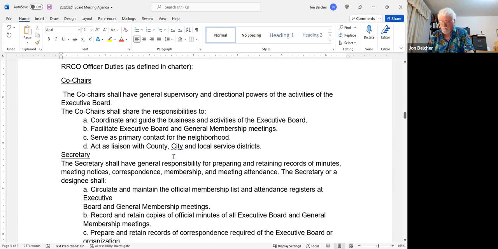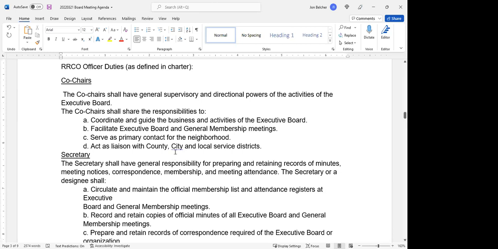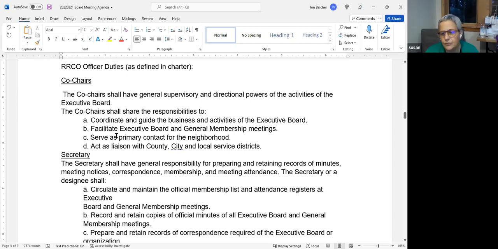My understanding of Robert's Rules is that bylaws, which is essentially what our charter is, can be suspended by a 2/3 vote of the board. That I know to be true. Susan, your hand's up. Yeah, I just really don't feel comfortable voting at this time. I've had a whopping 45-minute conversation with the folks that we just finished.